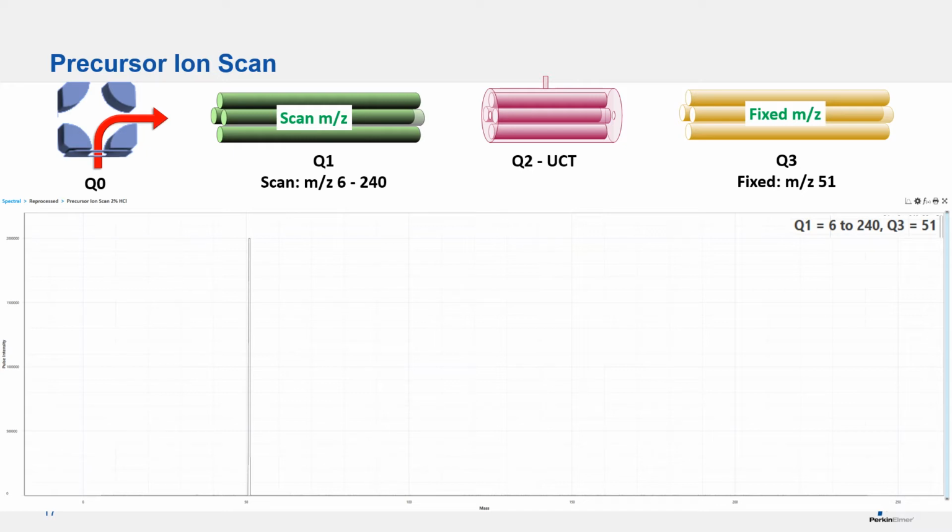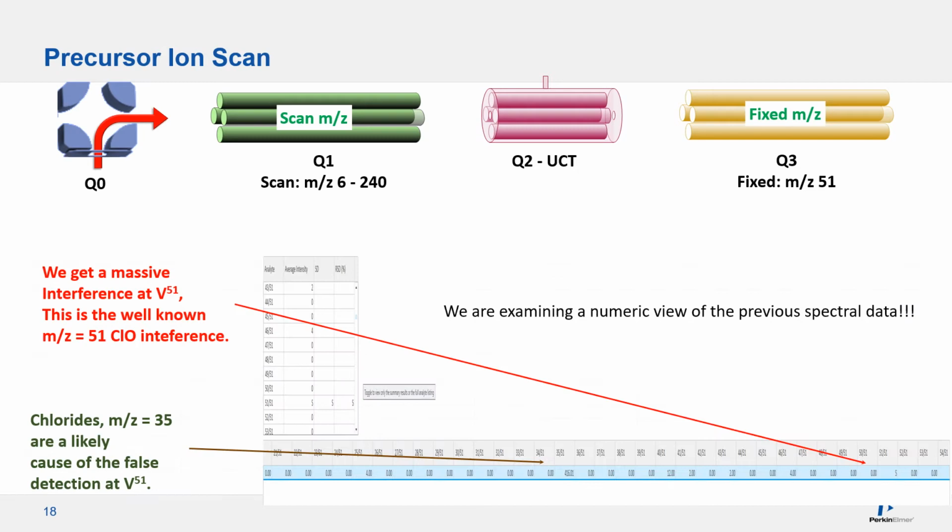Definitely there is, when we set Q1 also to mass 51, we see a huge peak at 51. And this was just HCl, there was no vanadium in here. So that indicates ClO breakthrough at that setting. But nowhere really else too much. So you get that massive interference on vanadium 51, which is the well-known ClO interference.